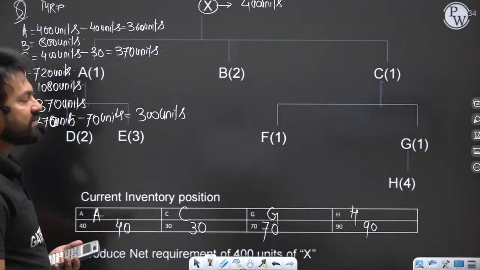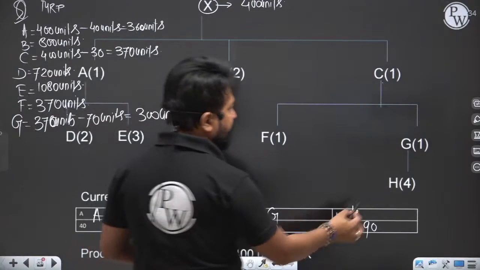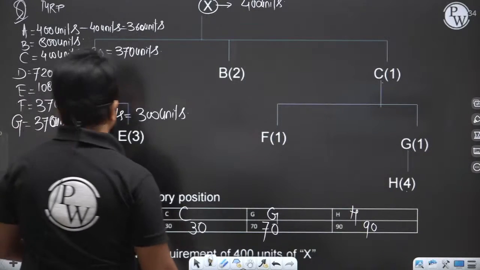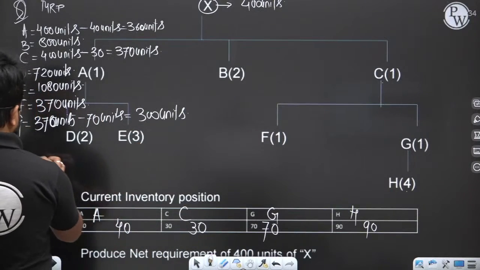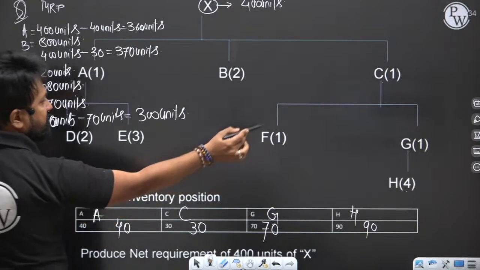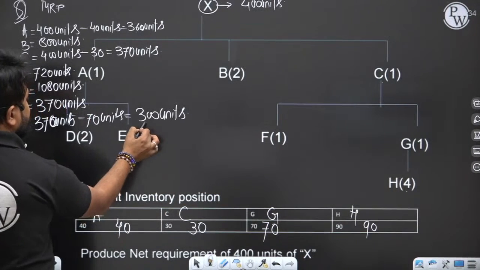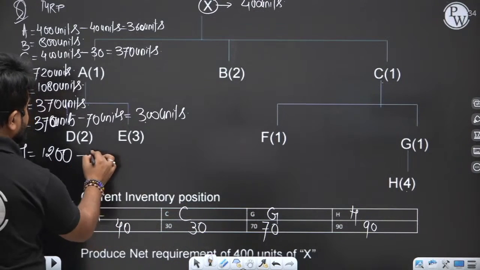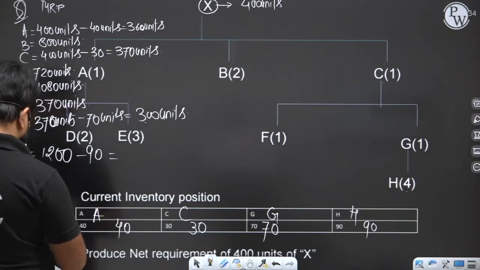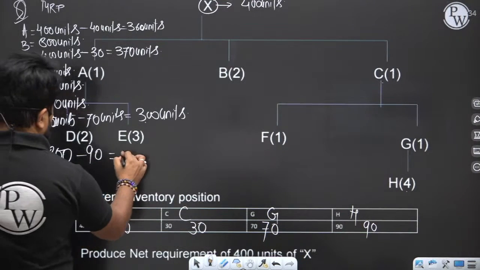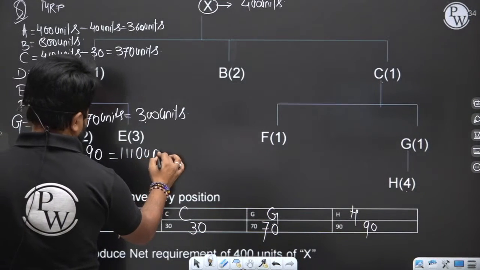Clear? Here H, 1:4. G is 300, so we need H 4 times of G, so 1200. But in the inventory 90 is already there. So 1200 minus 90 units.